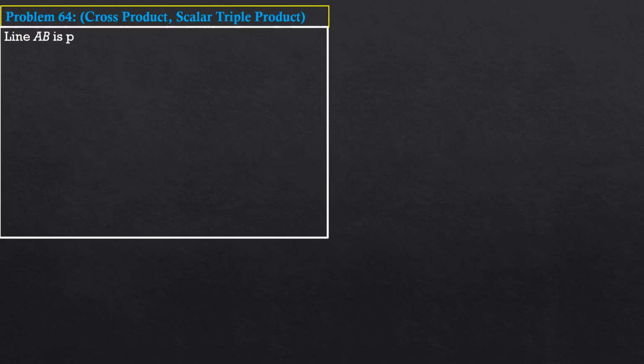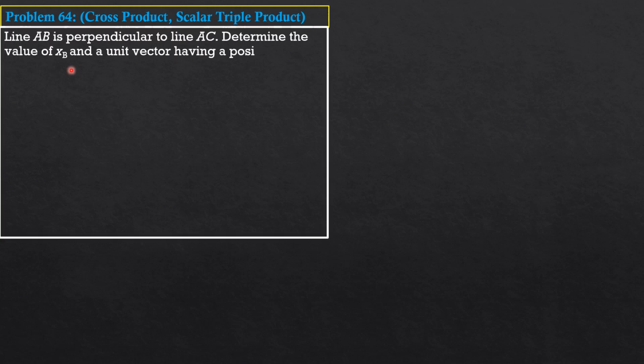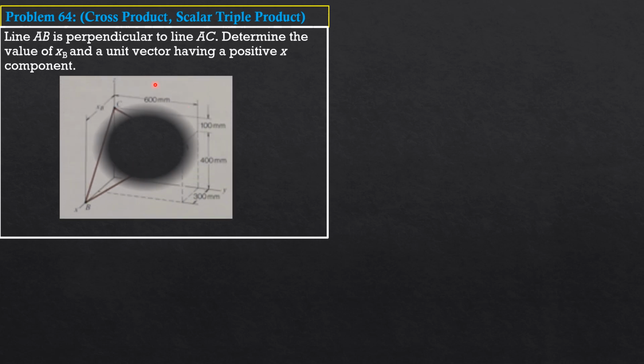Problem 64. Line AB is perpendicular to line AC. Determine the value of XB and a unit vector having a positive X component. So here is the given figure, and the angle at A is 90 degrees. So this gives us the idea that if we dot AC with AB, the dot product is 0 because the angle is 90 degrees.